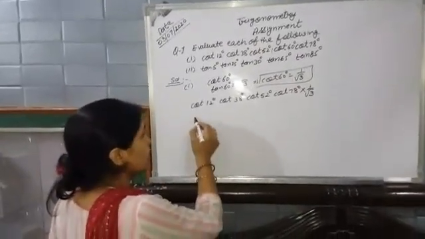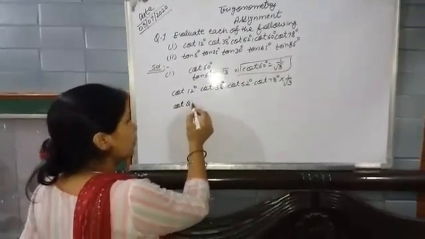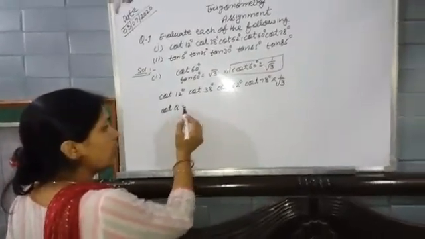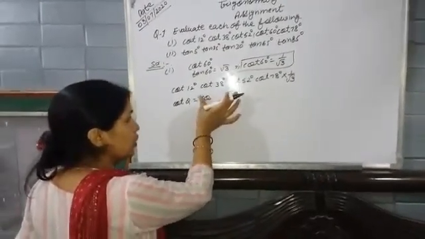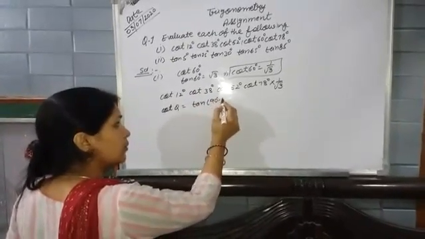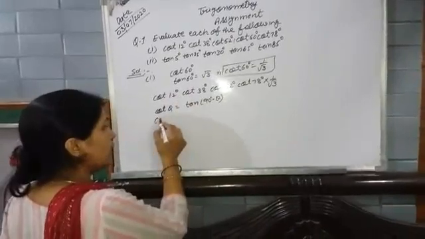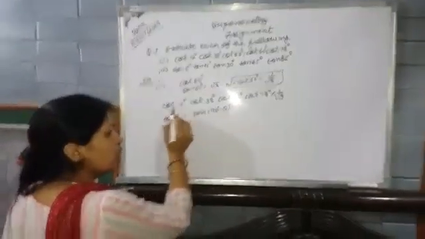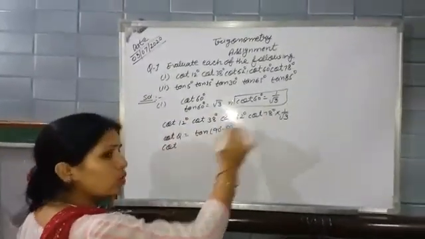What is the complementary angle condition? This is cot theta is equal to tangent of 90 minus theta. So how can we express it? Only one you have to change, 12 or 78.